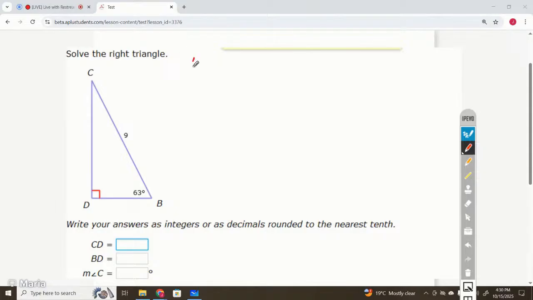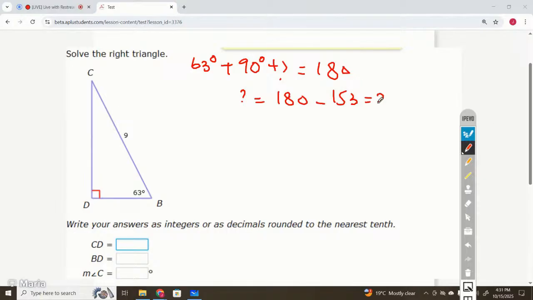So 63 degrees plus 90 degrees plus the missing one equals 180. So the missing angle is 180 minus 153 degrees, which is 27 degrees.